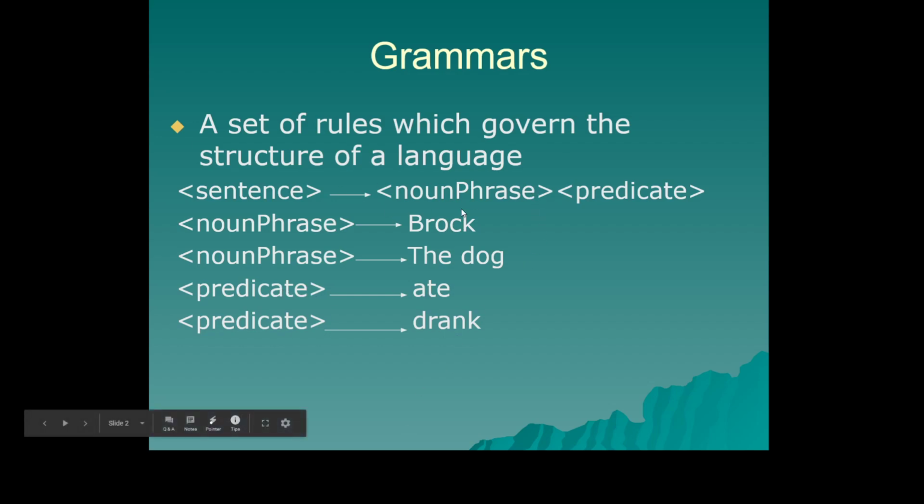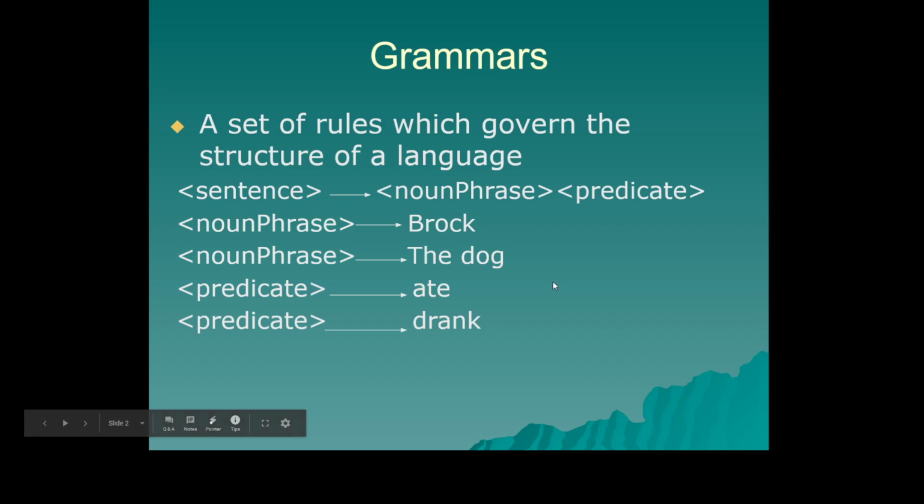So in other words, to make this happen, we would have a sentence, which we would then replace with a noun phrase and a predicate, and then you can think of this as another replacement. We want to replace the noun phrase with either Brock or the dog, and we want to replace the predicate with either ate or drank. So our whole language consists of four total possible sentences. Brock ate, Brock drank, the dog ate, the dog drank.